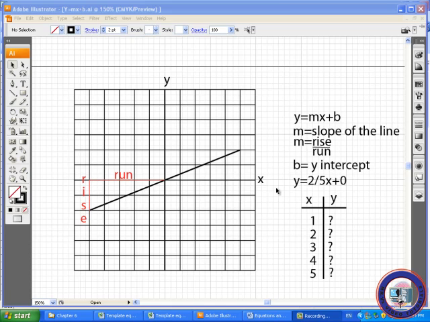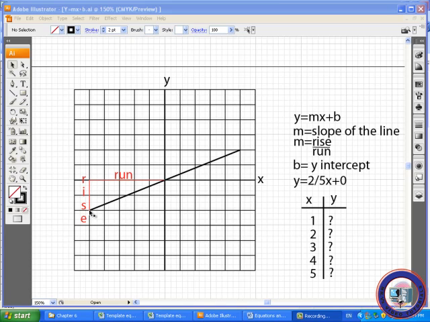You always want to look for 2 points that cross right at grid lines. So you notice that there's a point right here that meets right at the x and y grid line, and a point right here at 0, 0. So let's look at the rise. From this point to this point, we have a rise of 1, 2, and we have a run of 1, 2, 3, 4, 5.